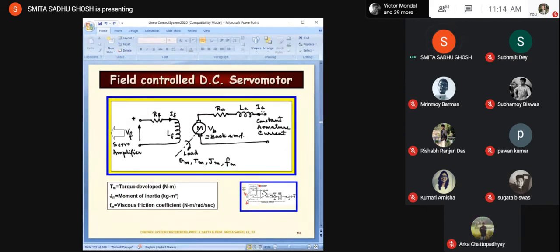On the other hand, on this side, we have a constant armature current flowing. As far as the armature circuit is concerned, we find the notations RA and LA indicating the armature resistance and inductance respectively. IA is the armature current flowing through it. In the field side, we had IF flowing, I didn't mention that. And then, of course, you have the motor over here.